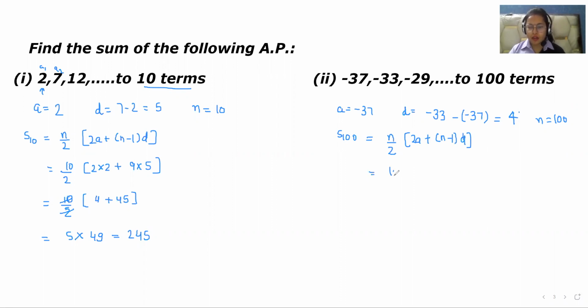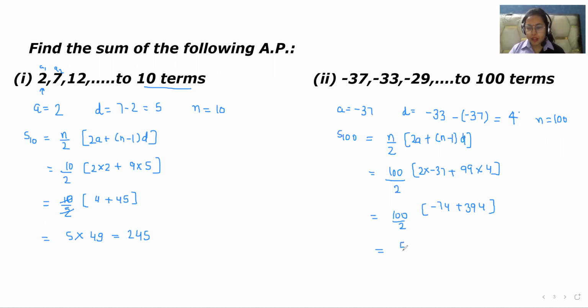So n is 100, 100 over 2, and 2a is 2 times minus 37, plus n minus 1, which is 100 minus 1, that is 99 times 4. 100 over 2, 2 times 37 is minus 74, plus 99 times 4, which is 396.